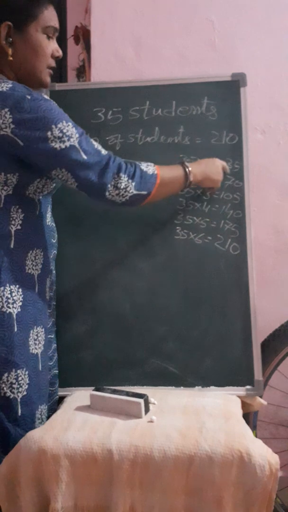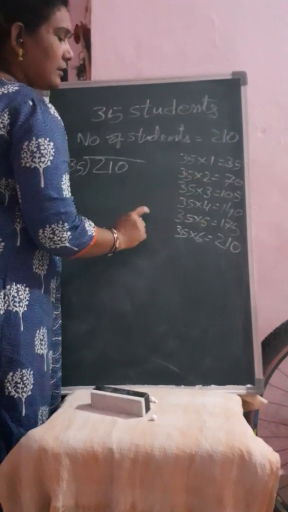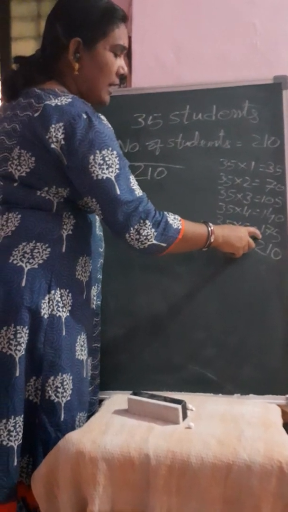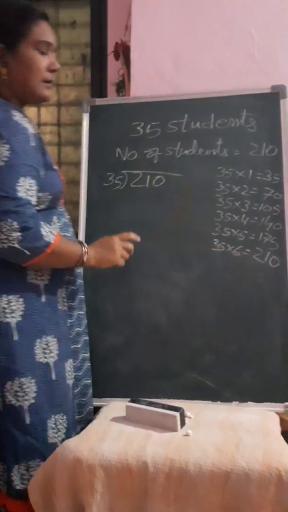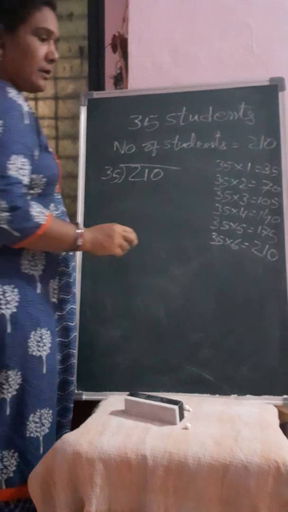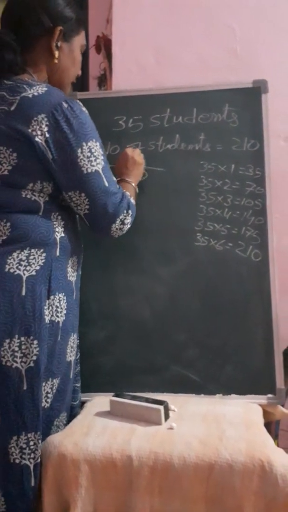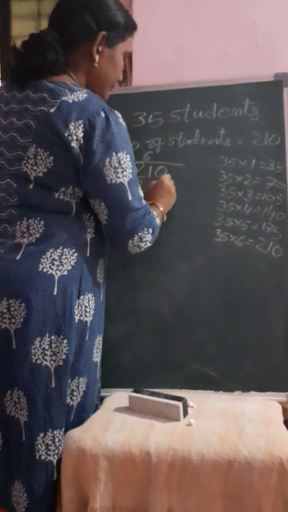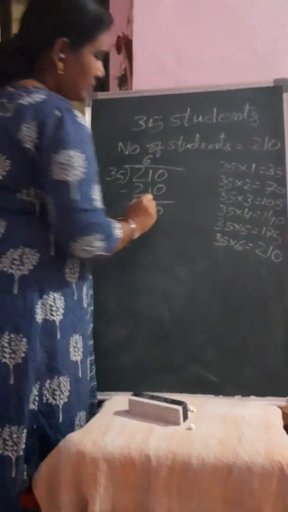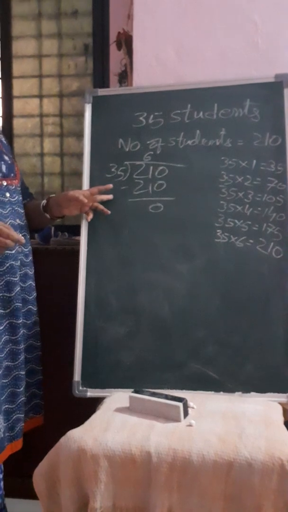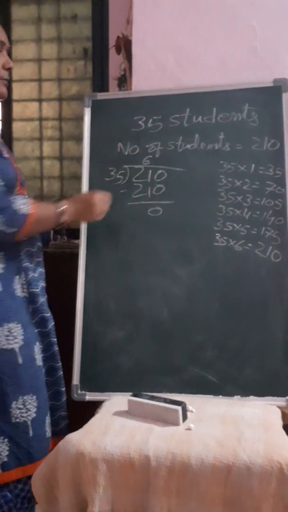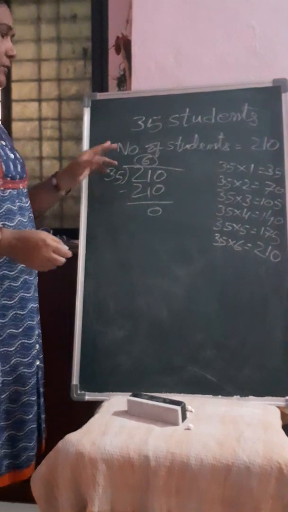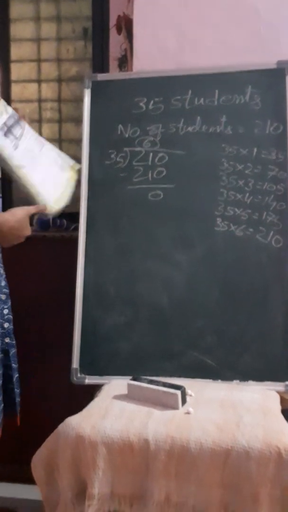Okay, 35 1 is 35, 35 2 is 70, 35 3 is 105, 35 4 is 140, 35 5 is 175, 35 6 is 210. Understood? Now, how many buses are required here? For 210 students, 6 buses are required.